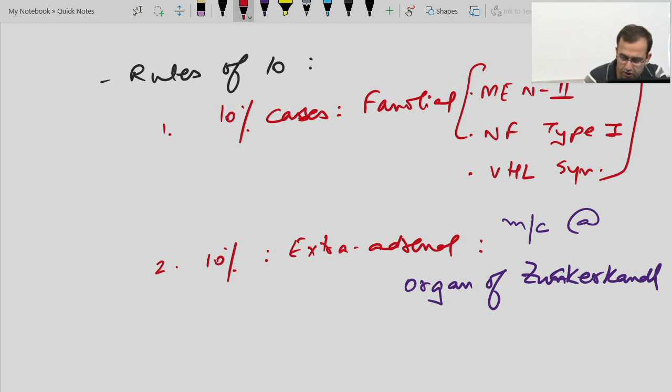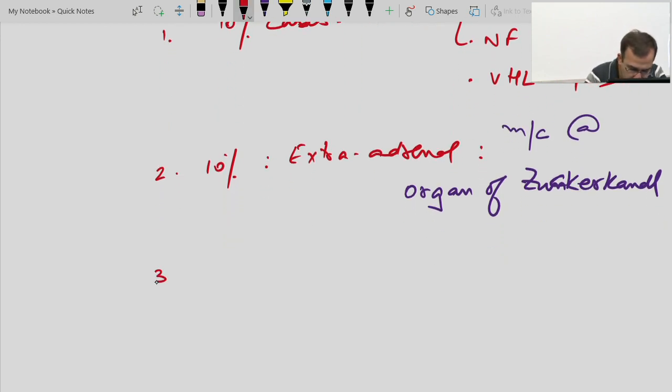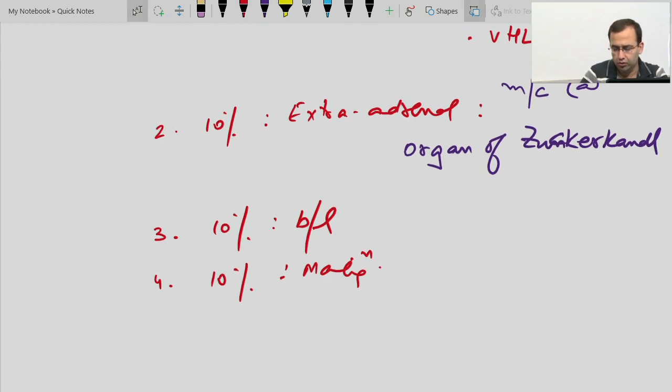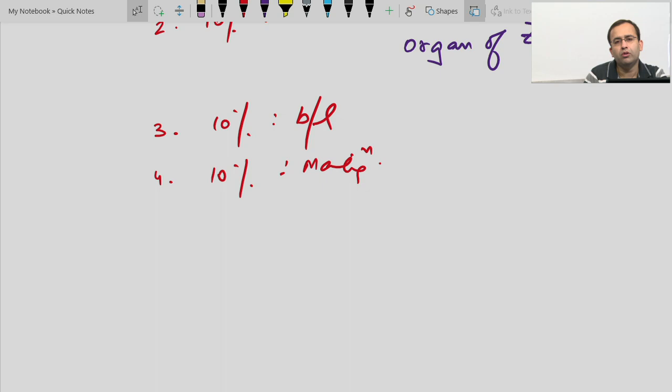Next point, in 10% of the cases they are bilateral, and 10% are malignant in nature. So pheochromocytomas follow the rules of 10.